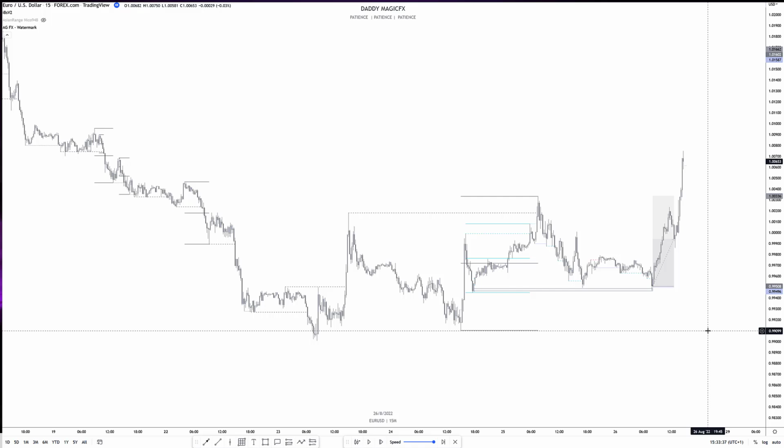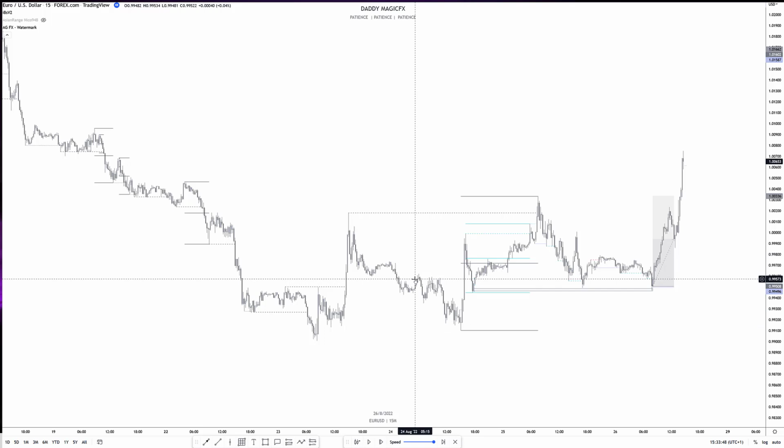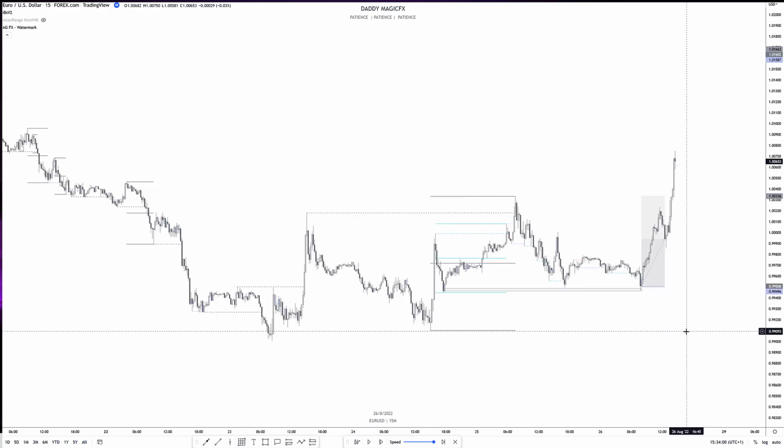It seems very simple to me after doing it for a long time, but once you get used to it, it's just about using different structure types and being able to eliminate certain mitigated areas, and then once a range has been mitigated, you can wipe out all the zones in that range. It just makes it super easy, and you just get involved in the best trades.